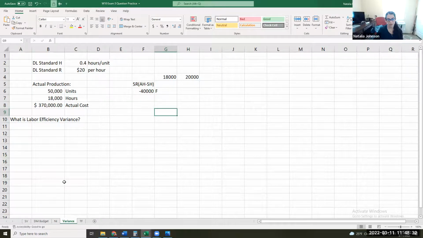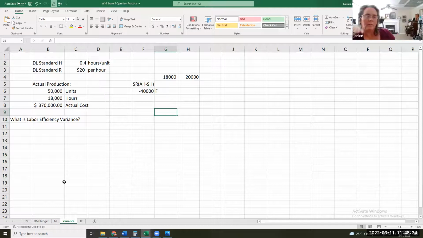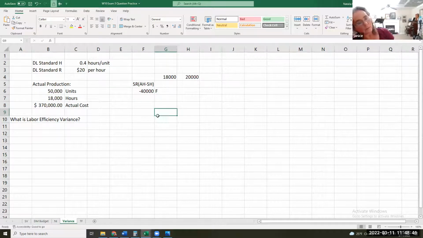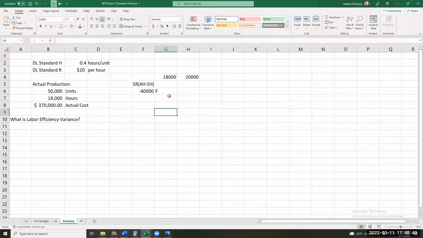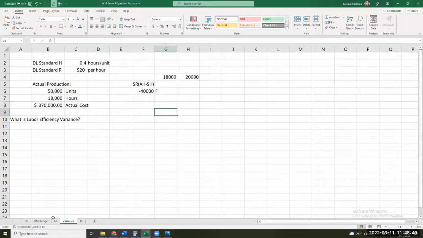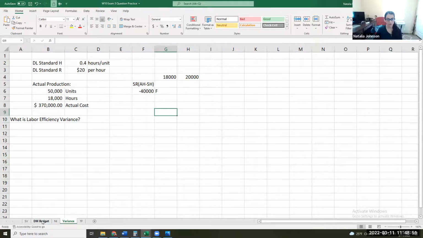They paid less in labor than they had planned on. This is efficiency, so they worked less hours. They used 2,000 hours less.